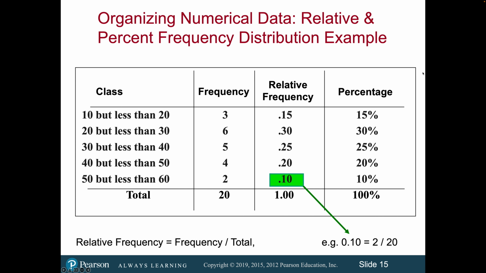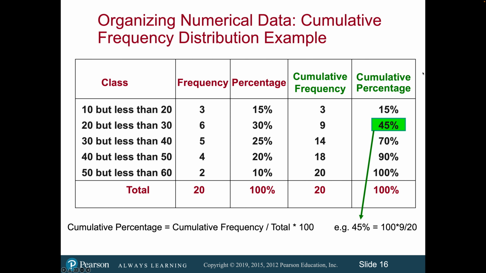Something else we may want to add are cumulative frequencies and cumulative percentages. A cumulative frequency just means we add them up as we go. We have 3 in this class, and 6 more in the next class, so we have a cumulative frequency of 9. We have 5 more, which increases the cumulative frequency to 14.